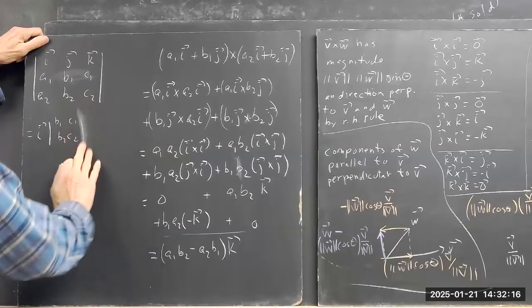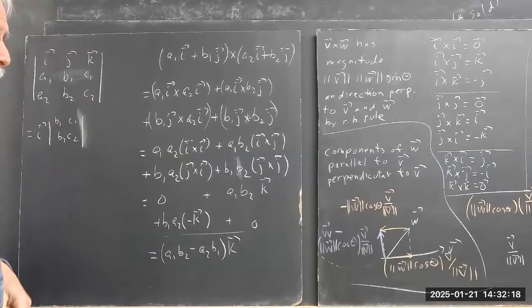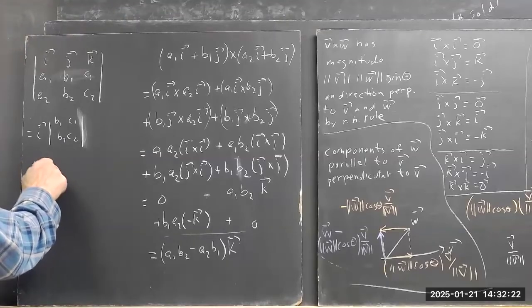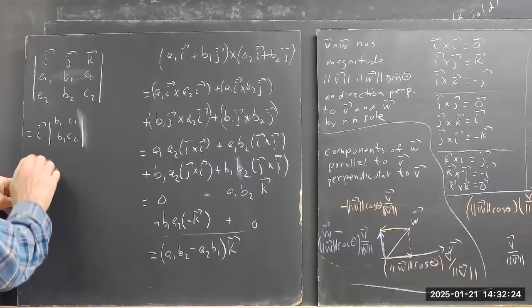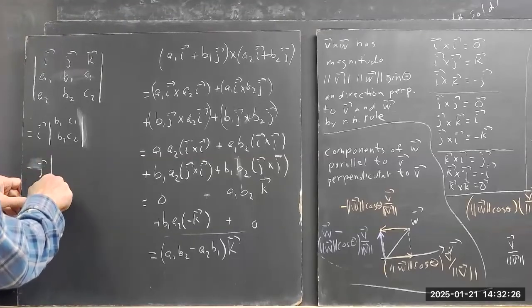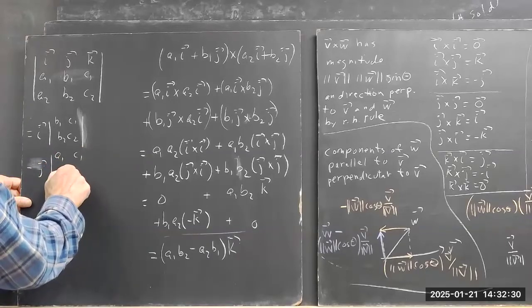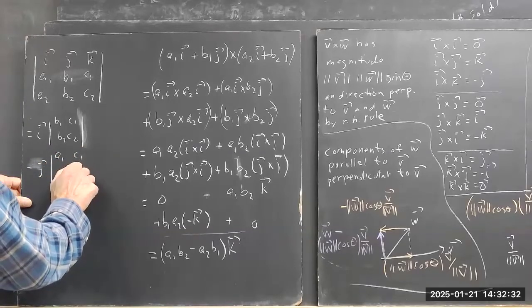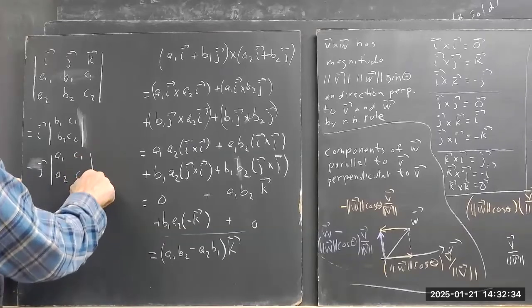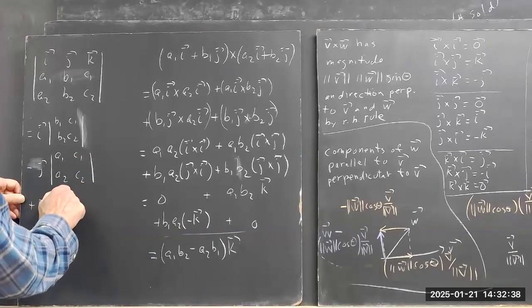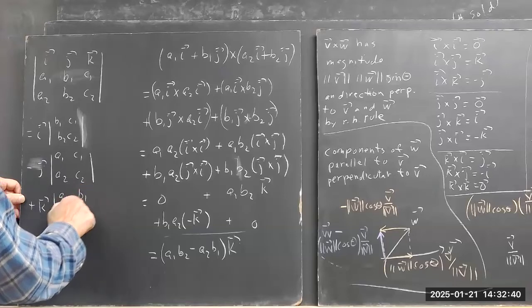And hopefully you've seen determinants. If not, you're gonna see them pretty quickly in linear algebra, if you haven't already had it. Then it's gonna be minus J times the determinant A1, C1, A2, C2. Plus K times the determinant A1, B1.